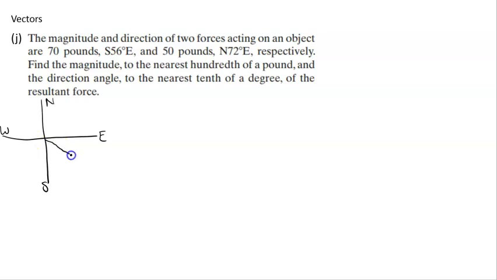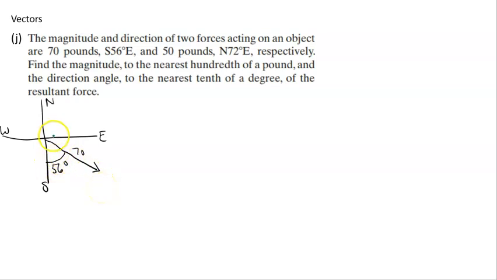So that's going to look similar to this. I'm not trying to be exact. That's what we have going in bearing form. If you want to write the magnitude next to the vector, go ahead. But that is not your directional angle. All we know is that we're 56 degrees off south in the east direction.